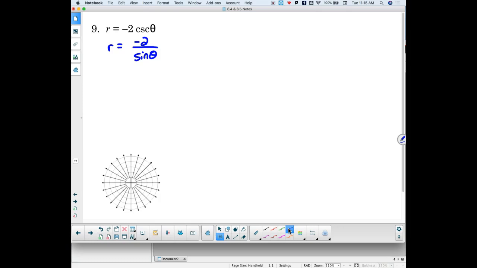What's your feeling on them? If you don't like them, should we get rid of it then? So how are you going to get rid of that fraction? Multiply by sine of theta, both sides? Okay, if I multiply both sides by sine of theta, I get r sine of theta equals negative 2.